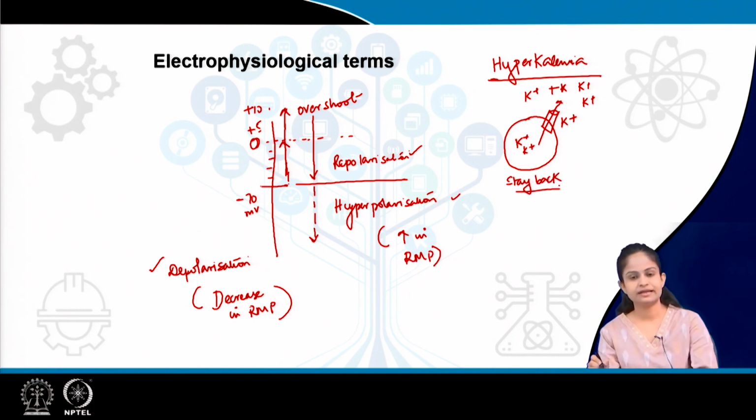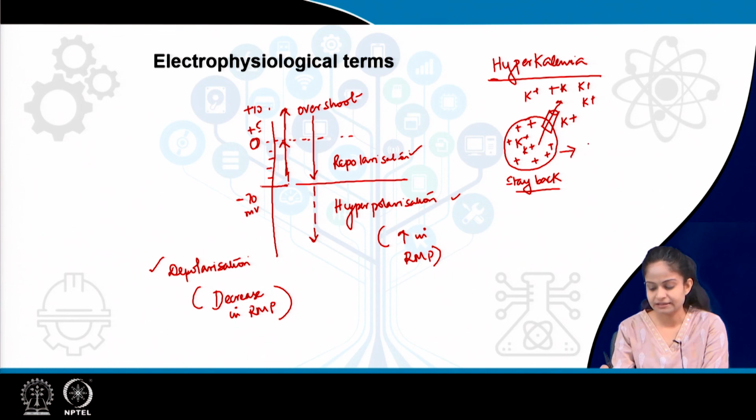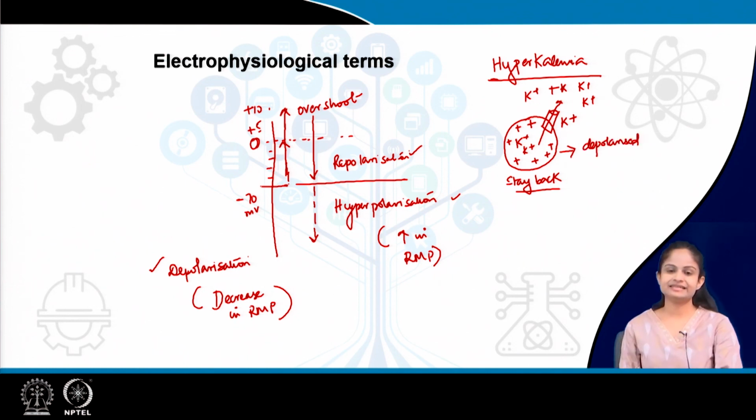Now, when the potassium ions are staying back in the cell, there will be positive ions or cations developing in the cell, which means it is getting depolarized. Depolarization is occurring, which means there is a decrease in the resting membrane potential.